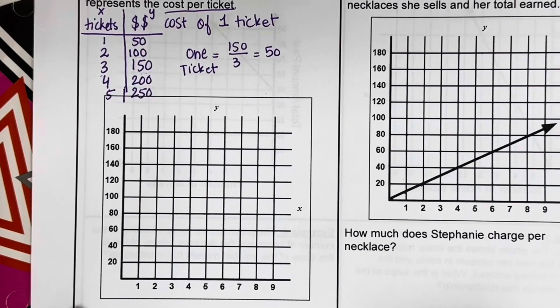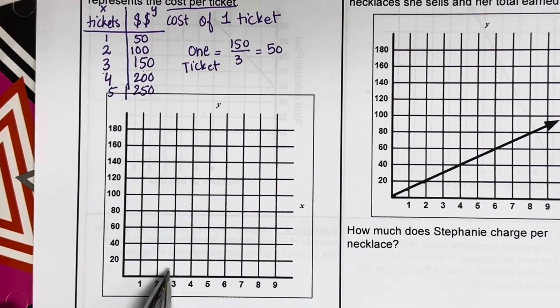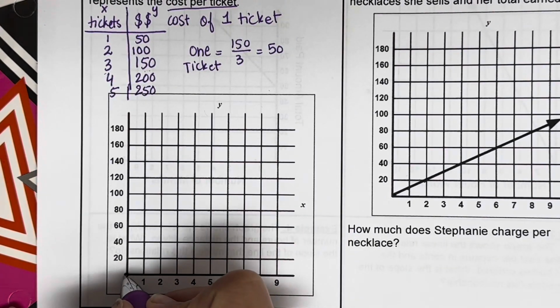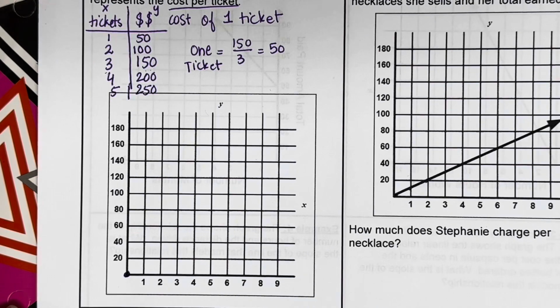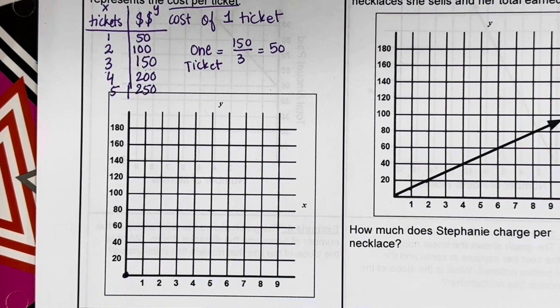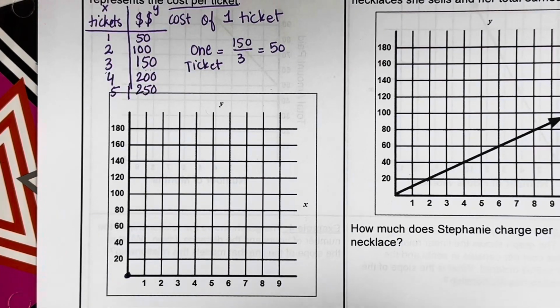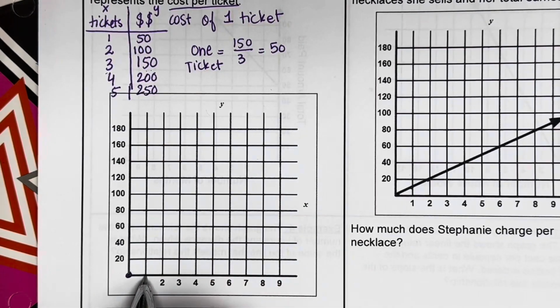Now I am going to plot these points on the calculator, on the graph. So 0, if she doesn't sell any ticket, she doesn't spend any money. Okay, no ticket, no money. 1 is 50.